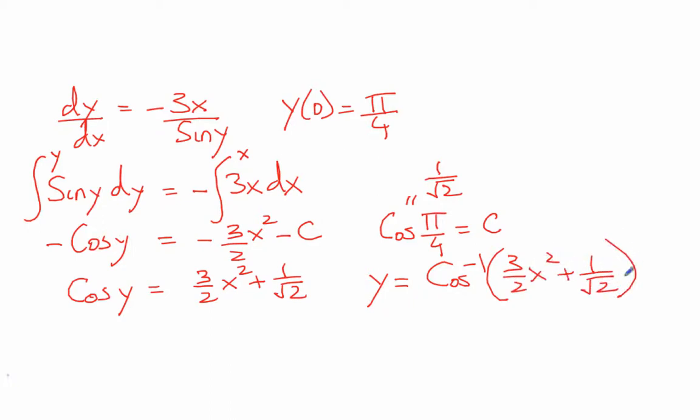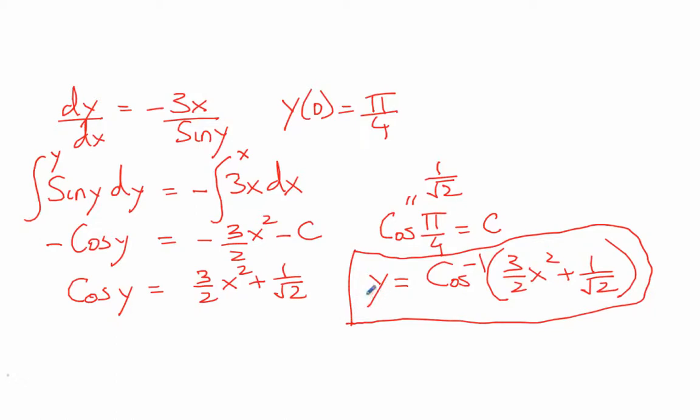And now, although this is the correct answer, is this true for all values of x? Obviously not, because let's say that x becomes very large, then this over here will become bigger than 1, but cosine of y has to be less than 1.